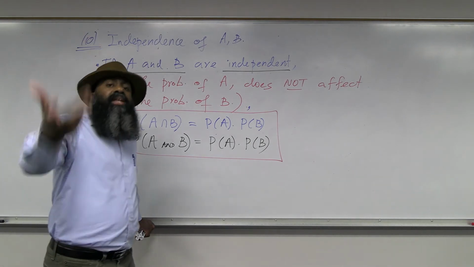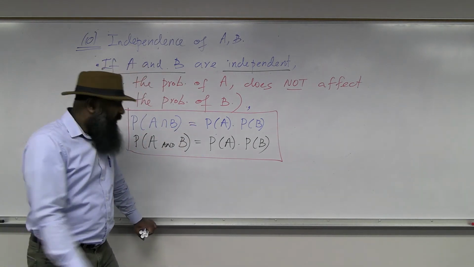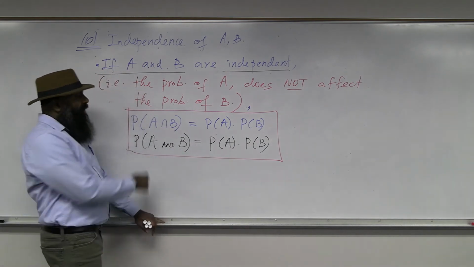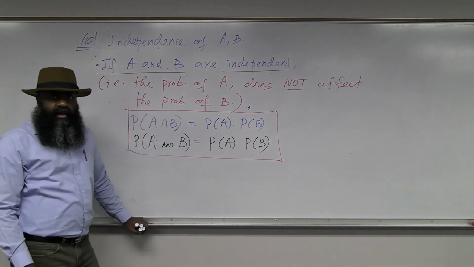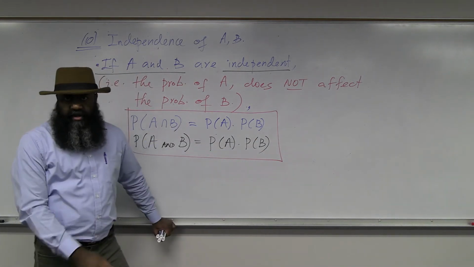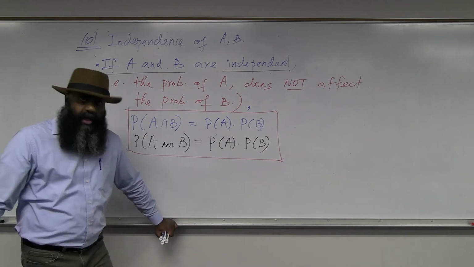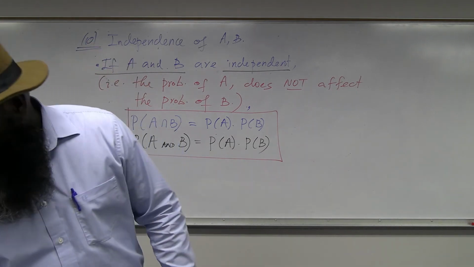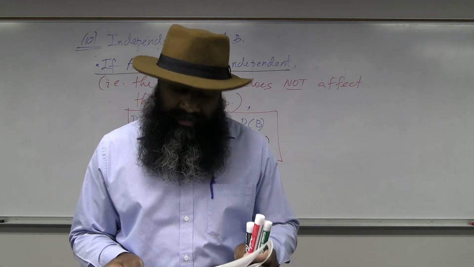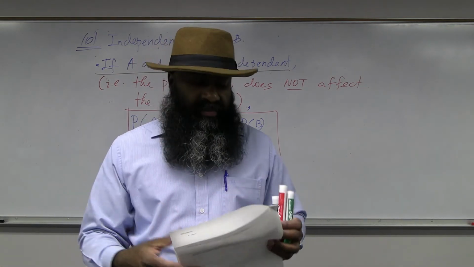Since it's given in the question that A and B are independent, we can use this equation. Plug in the given two values, and the third value can be simplified using the equation. Cool. All right, I'll come to point number 11 in a minute. We will go to point number 12 straight away.